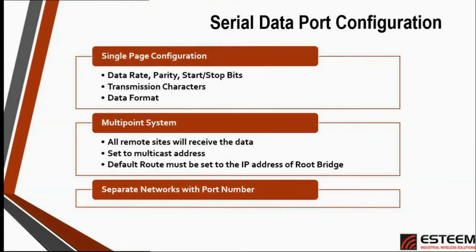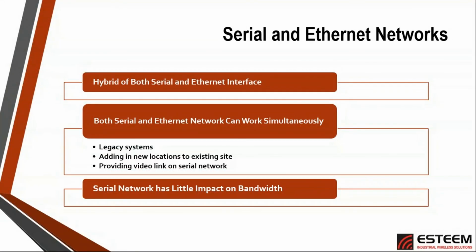The last thing we're going to look at is overall, how does this work? Keep in mind we're creating what's best characterized as a hybrid network. In other words, the system can handle both Ethernet traffic and serial traffic at the same time, working simultaneously.